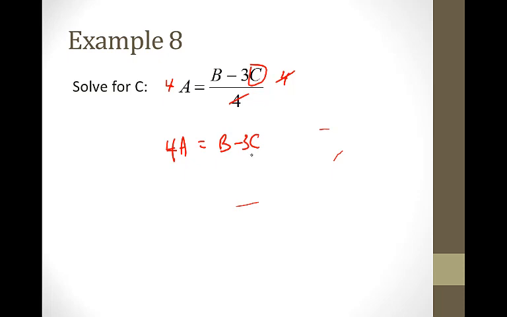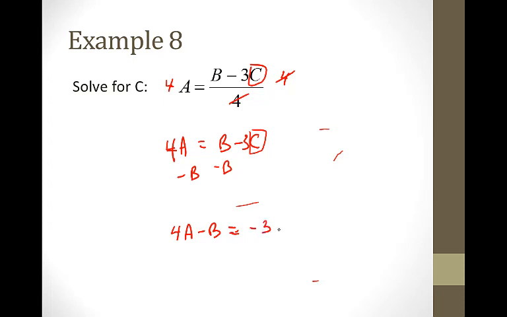I'm solving for c. Okay, so I have a b over here I need to get rid of, and a minus 3. It's easier to take care of the addition subtraction first. So I'm going to subtract b from both sides. So I have 4a minus b equals, and just bring down your negative 3c.